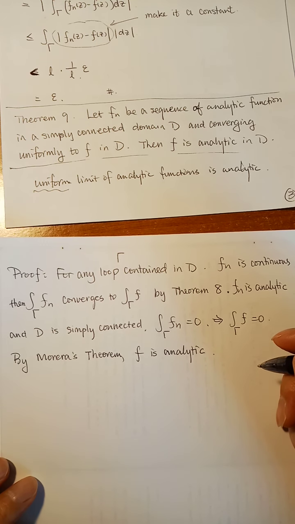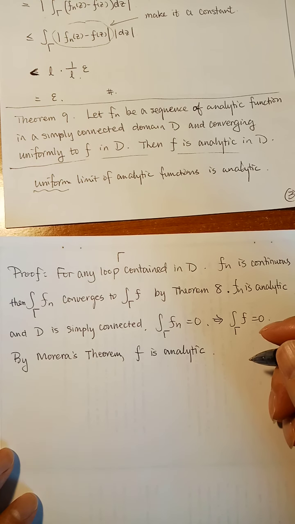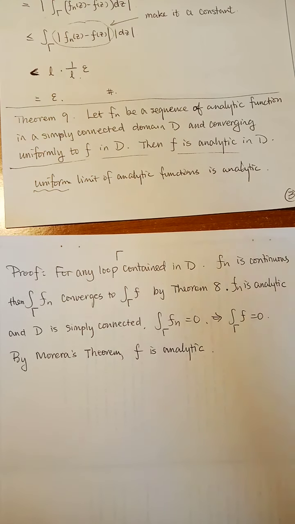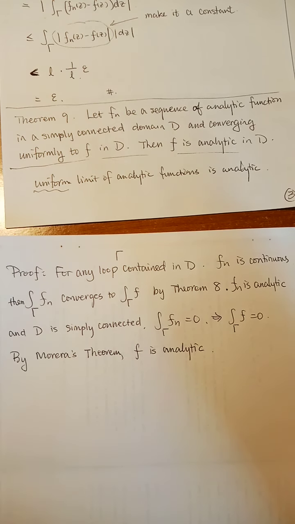Okay, so now we have everything we want to study the power series. The power series is a sum of power functions. Each of them is analytic, and you can consider the partial sum, which is always an analytic function.